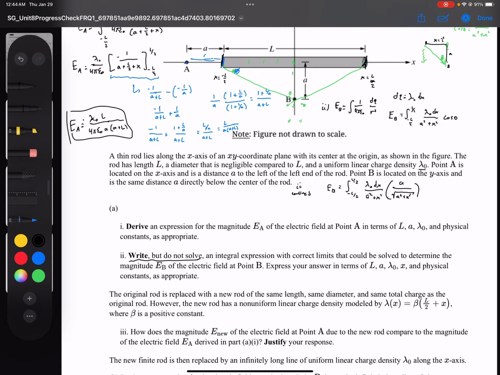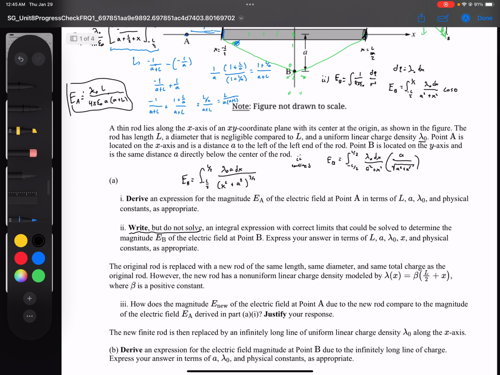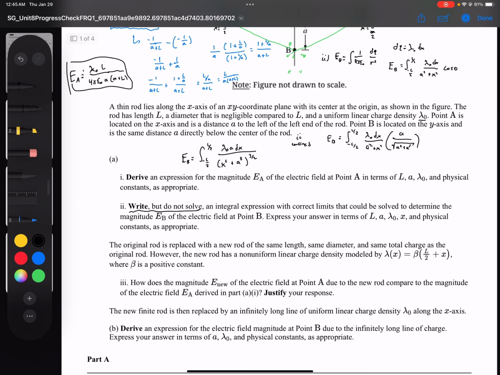So when I multiply these together, what I end up with is E_B equal to the integral from negative L over 2 to L over 2 of lambda naught a dx, all over x squared plus a squared to the 3/2. All right, so that's my answer. You get the idea.